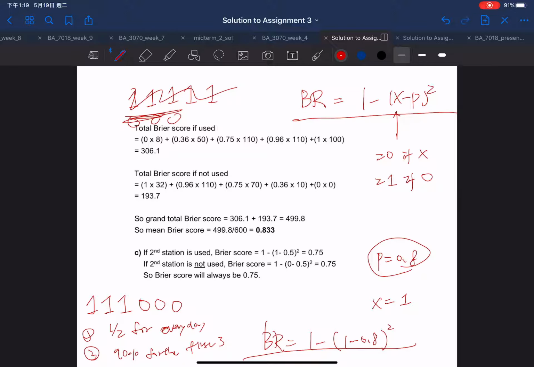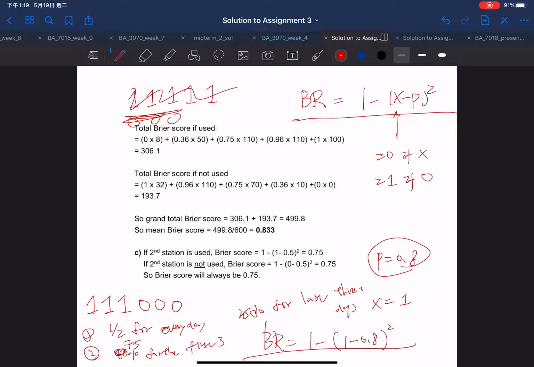Then, okay, the number here, I need to create a different number. It's not 90, I think it's somewhere like 75. Okay, 75% and 25% for the last 3 days. In terms of calibration, the second one is actually worse.